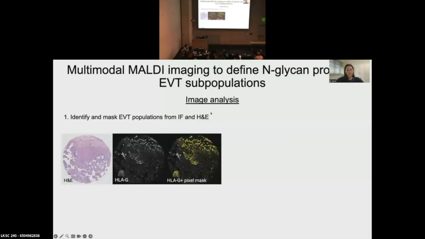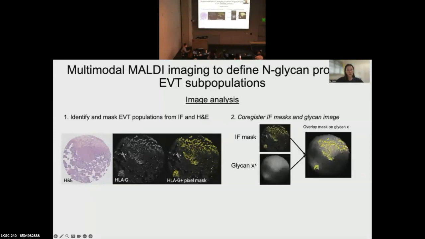And our image analysis comprises firstly annotating and masking the EVT populations using the H&E image and immunofluorescence image of HLA-G, which is a marker for EVTs. We manually mask the HLA-G positive pixels around regions that correspond to the trophoblast histology, followed by co-registering the immunofluorescence mask over the glycan images.